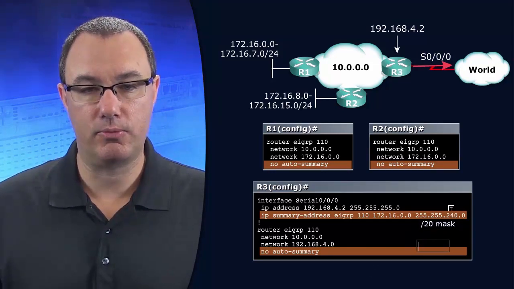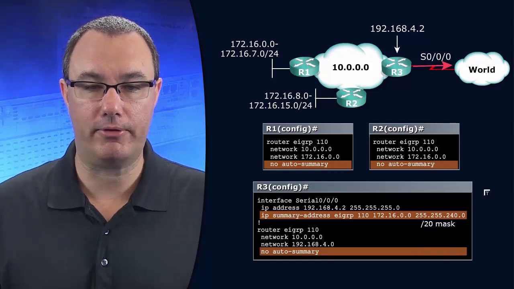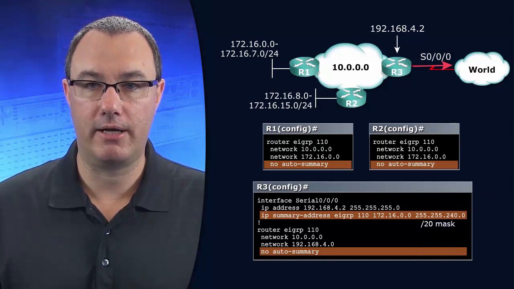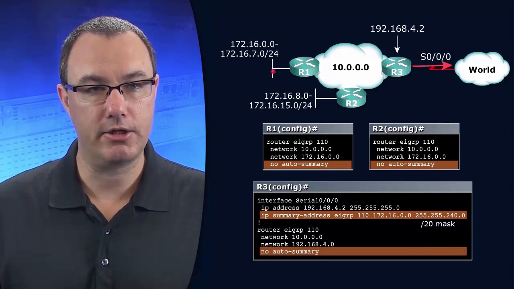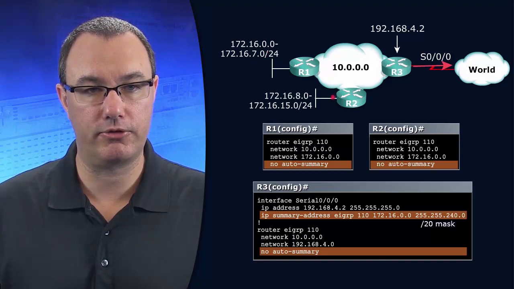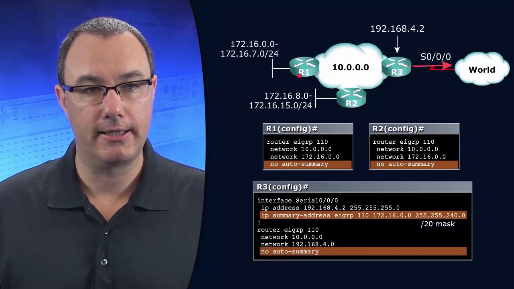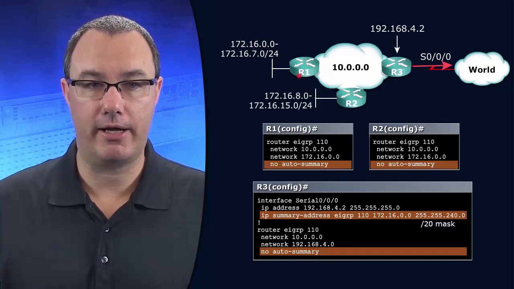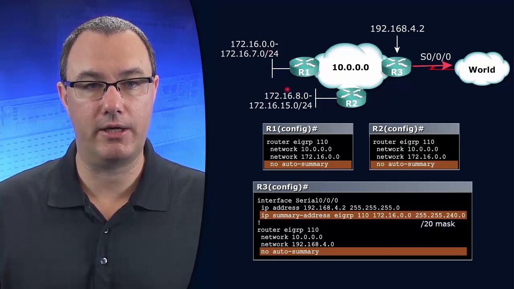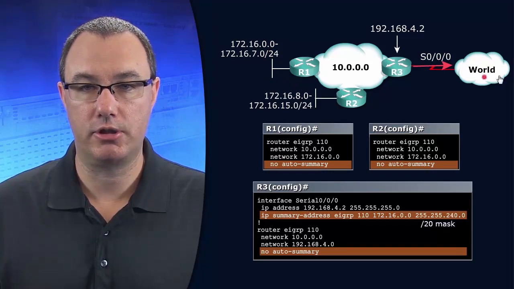So did they do this right? Did they craft that properly? Well, to know that, we have to look at our topology. In our topology, we have a number of networks on R1 and R2. And here is how I would do that. I would count the number of networks that exist in my summary range.